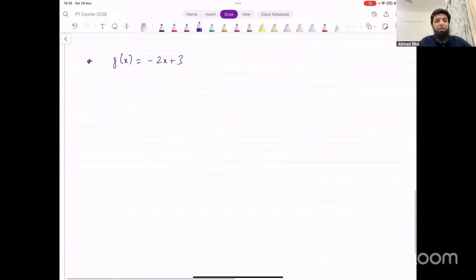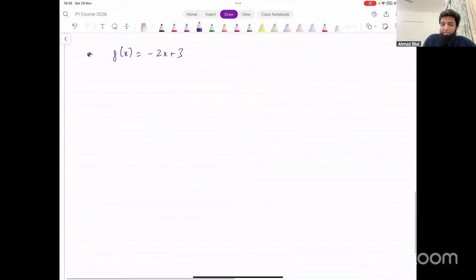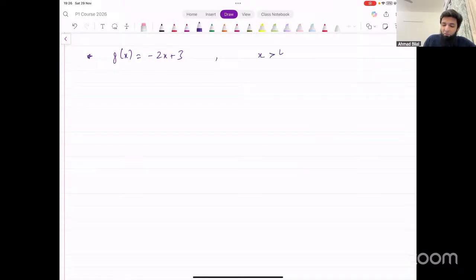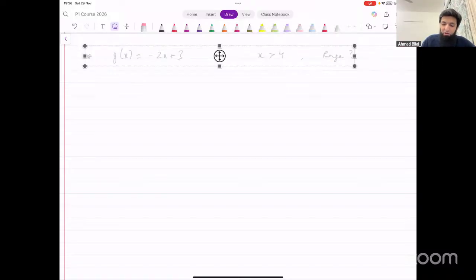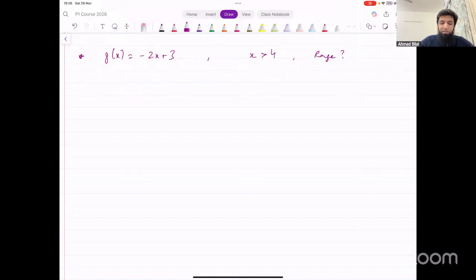I've got another linear function, and let's suppose I'm given that the domain of this function is x greater than 4. What I want to figure out is the range of the function. So given the domain x greater than 4, what will be the range of this function?